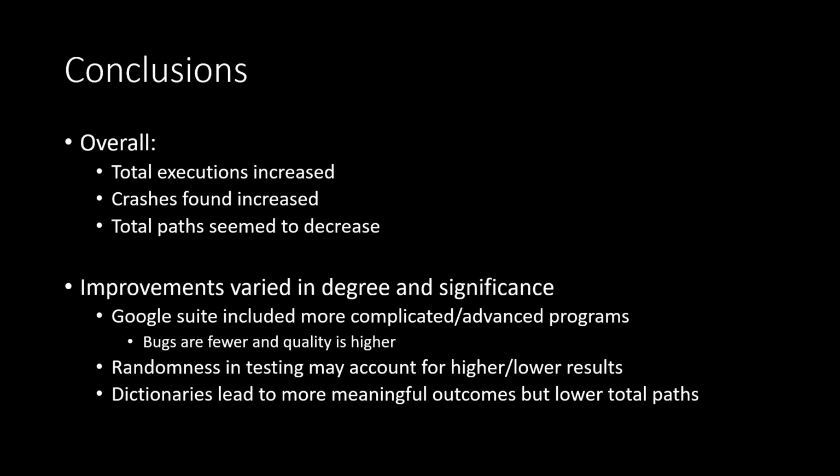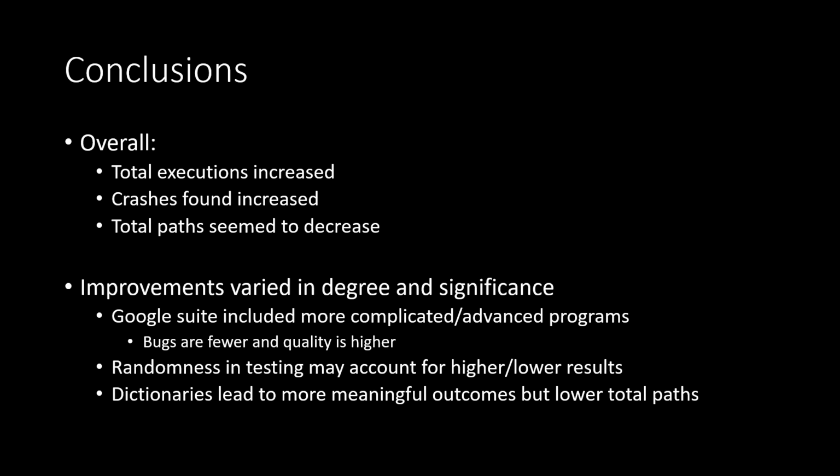So in general, improvements varied in both degree and significance, and there are some explanations for that. Like I said, the Google suite may have included more advanced programs with larger code bases or entry points, and time maybe was a factor. Also, randomness in testing is always a factor because there is some non-determinism within AFL itself.